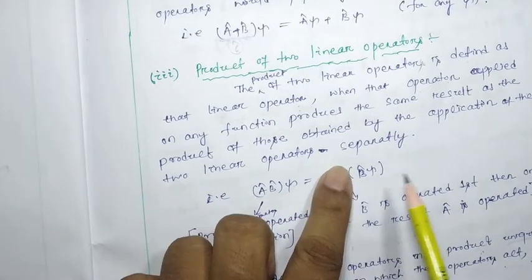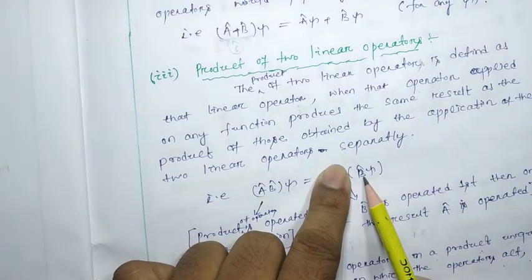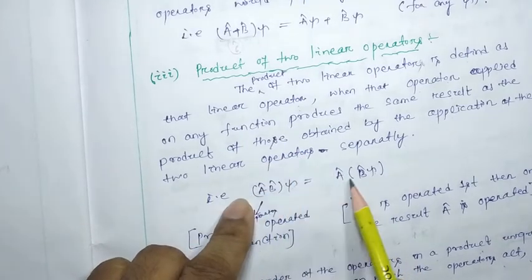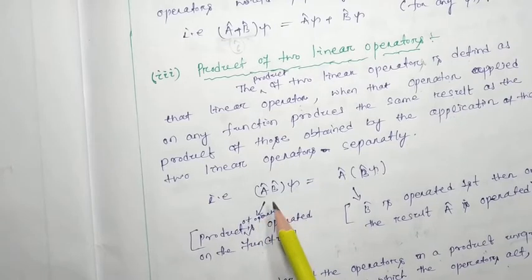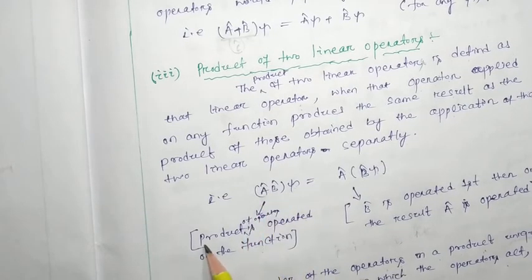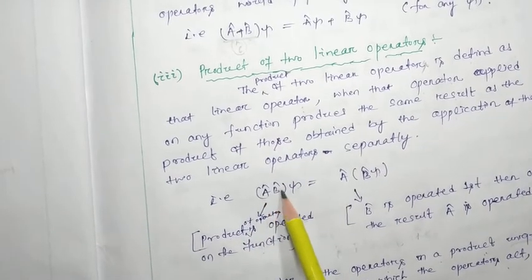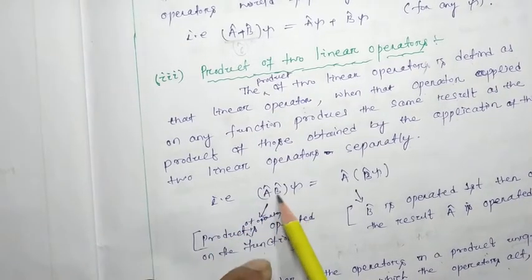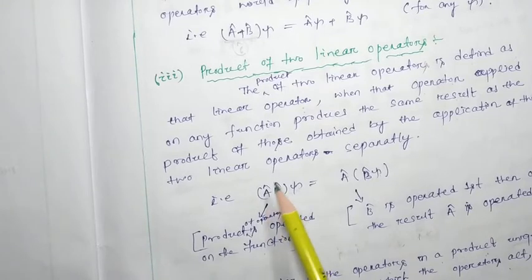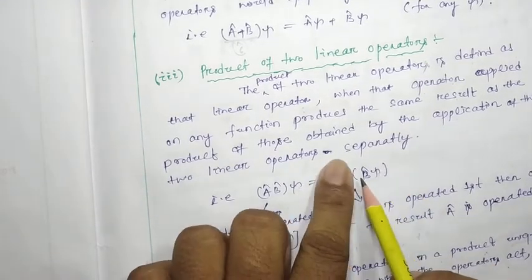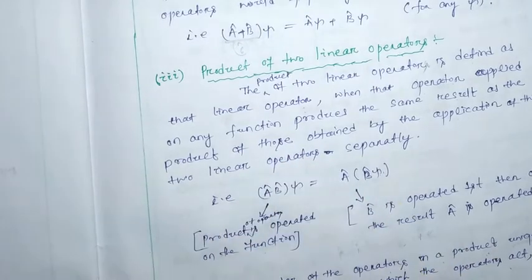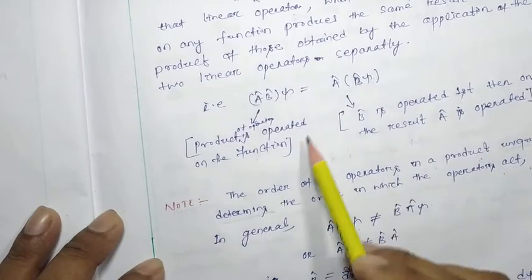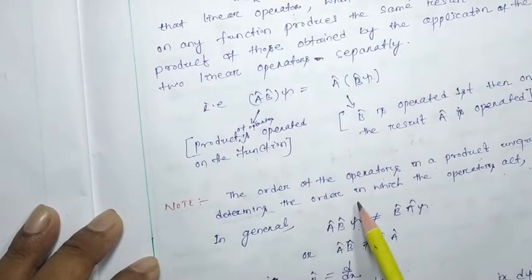This will be equal to: first I apply B cap over psi, and the result is again operated on by A cap, giving the same answer. So for the product of operators A cap B cap, first I multiply both operators and then apply over psi, which equals first applying B cap over psi and then operating on the result by A cap. The order of operators in the product uniquely determines the order in which the operators act.